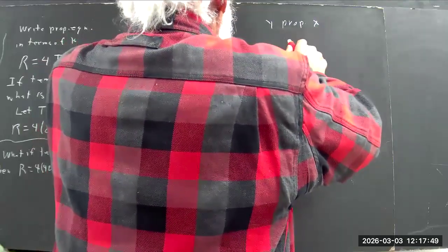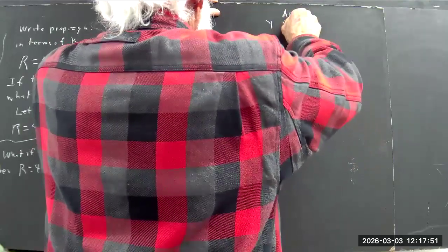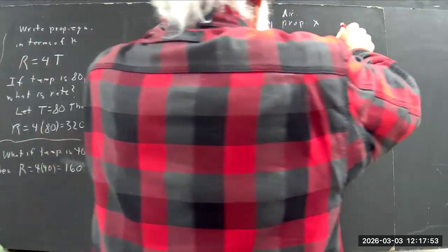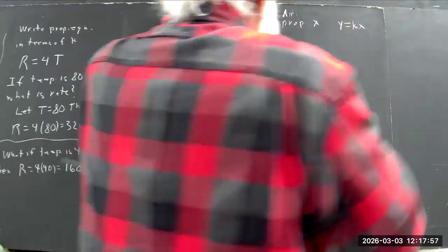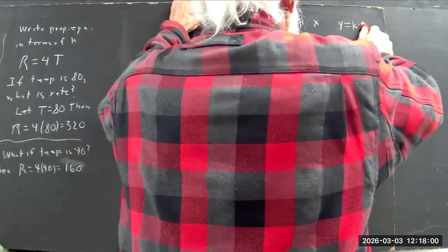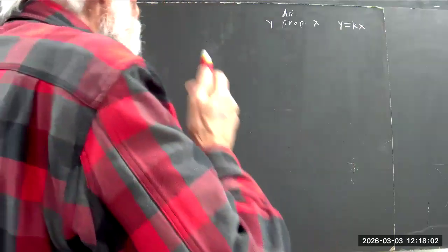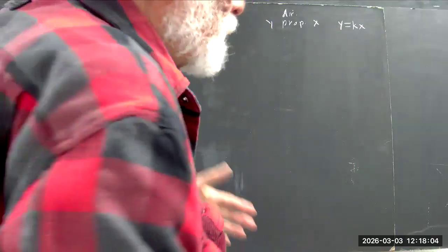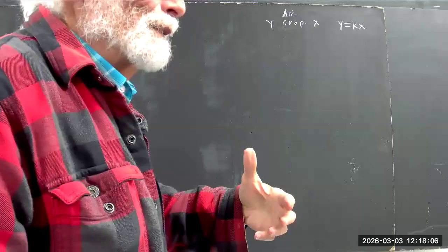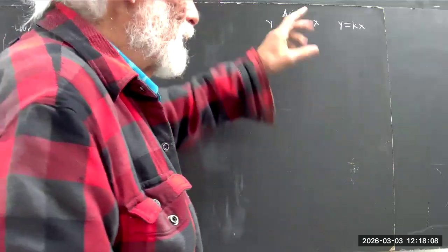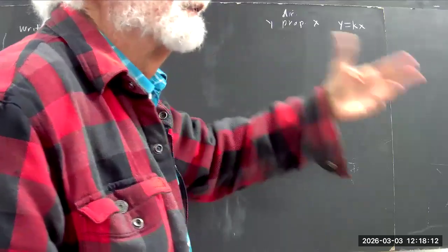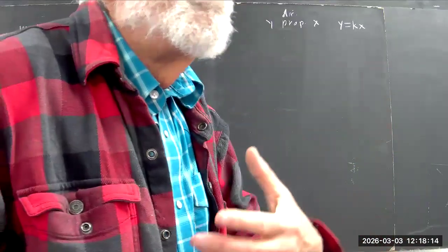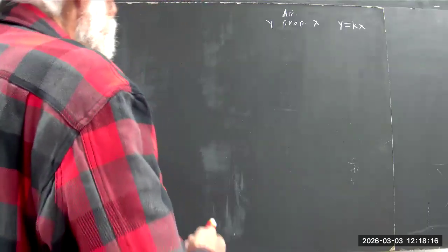Y is directly proportional to X, then Y equals KX. I'm using X and Y now. I was using R and T. Well, if you're using rate and temperature, then it makes sense to use R and T here. You can replace Y and X by whatever letters make sense in a given situation.